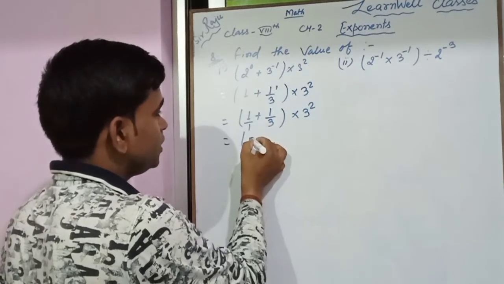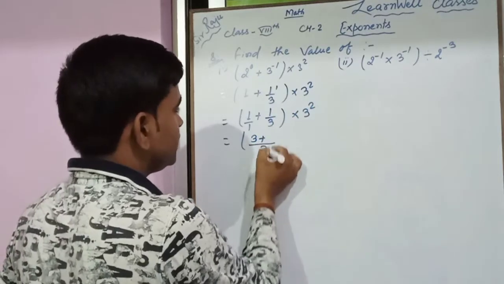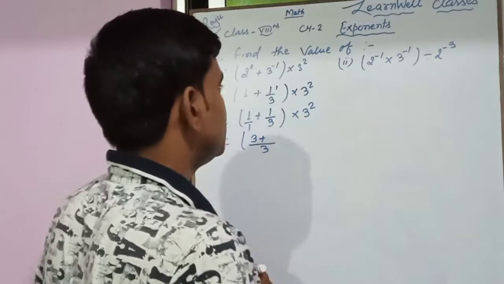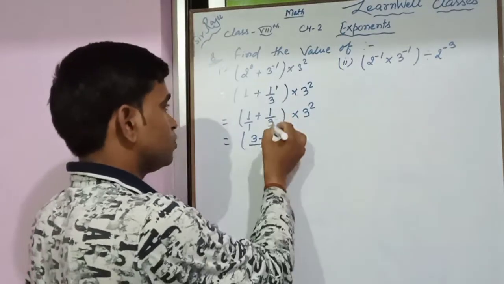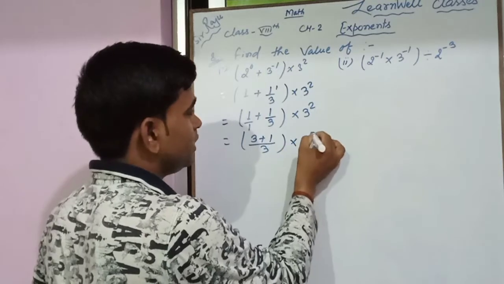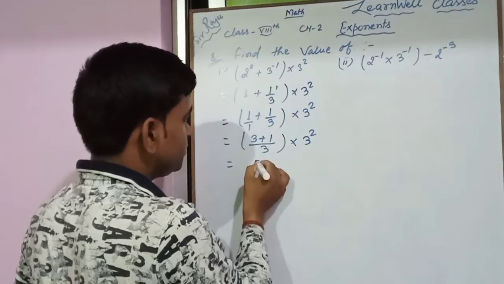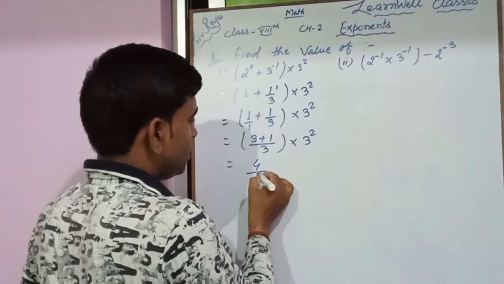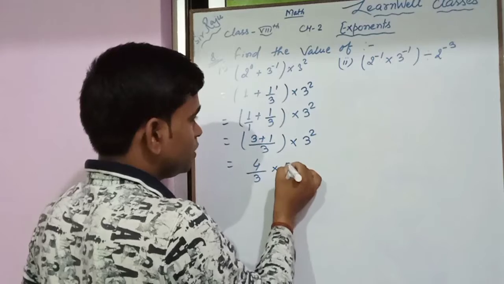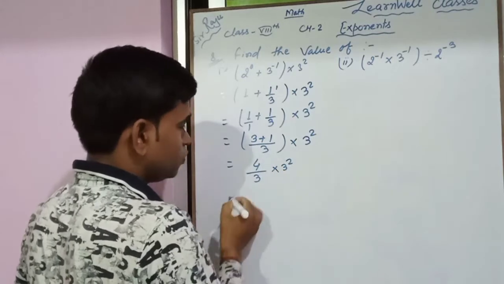So 1 multiplied 3 times is 3, and 3 divided by 3 is 1. So 1 into 1 is 1, into 3 raised to the power 2. So 3 plus 1 is 4 upon 3 into 3 raised to the power 2.